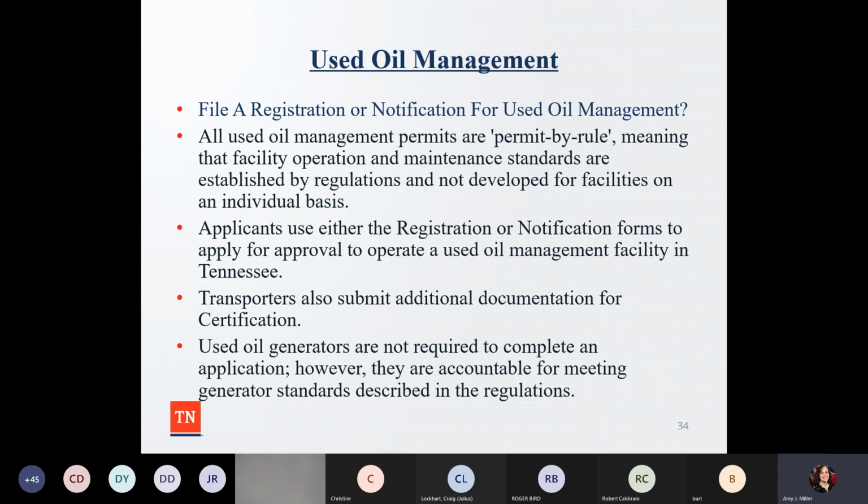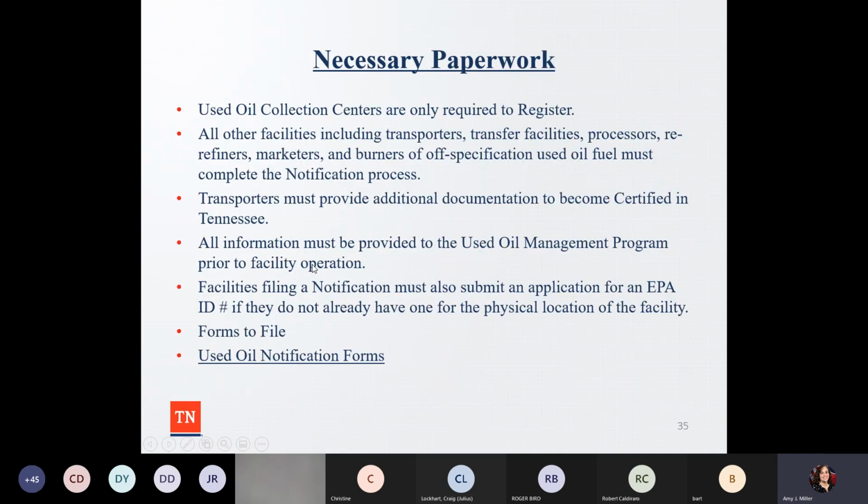So applicants can either use a registration or notification form to apply for approval to operate a used oil management facility in Tennessee. Transporters also submit additional documentation for certification, and then used oil generators are not required to complete the application. However, they are accountable for meeting generator standards and the regulations.